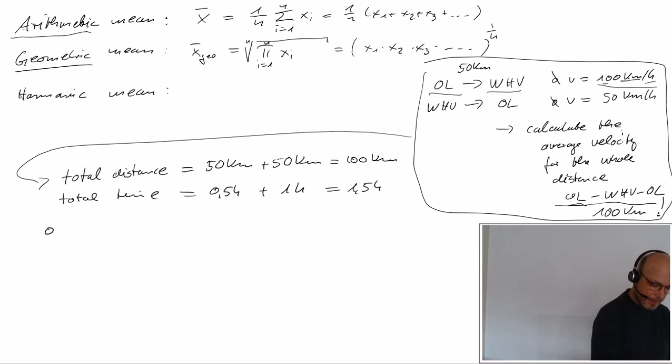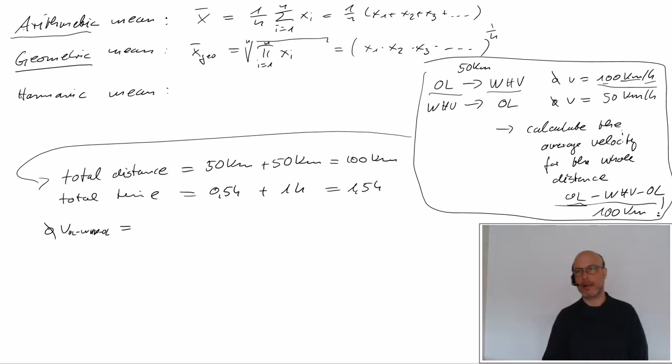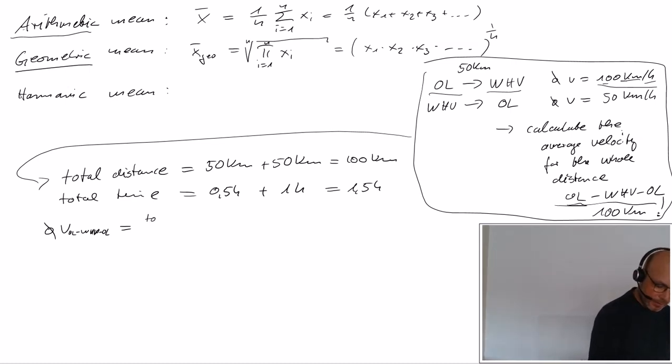Then overall, Oldenburg to Wilhelmshaven and back is calculated by total distance over total time.